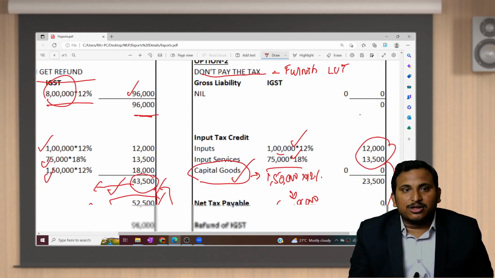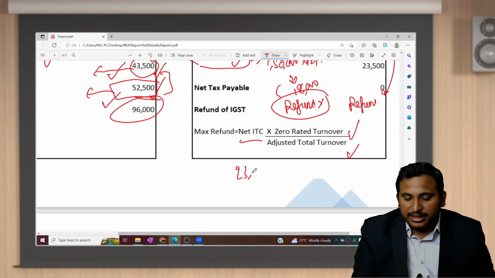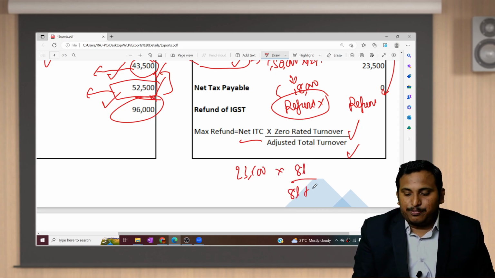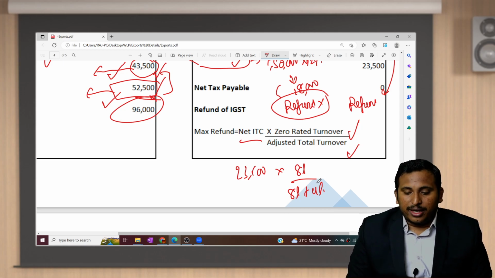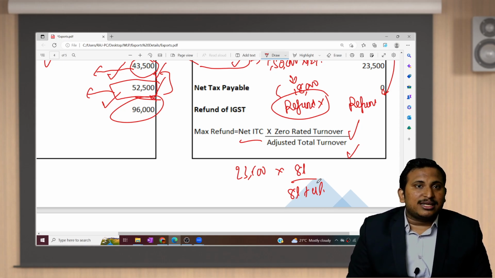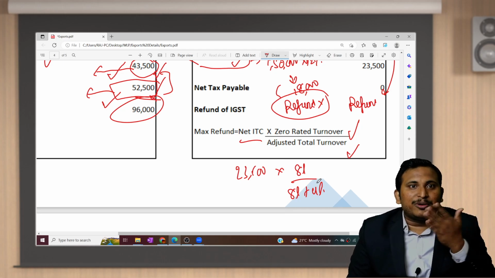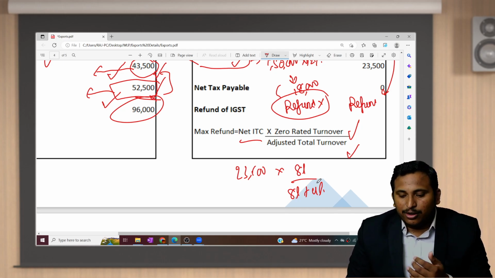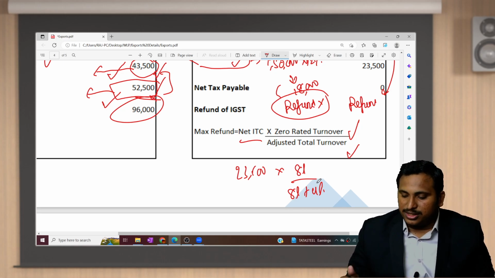Suppose there is domestic or local sales of 4 lakhs, then the formula will be 23,500 into 8 lakhs by 12 lakhs, that is 8 lakhs plus 4 lakhs. That means proportionate ITC only will be allowed to you as a refund. Are you getting the point, sir? Proportionate ITC, because when you have both local sales as well as export sales, your input service also might have been used proportionately. That's why we will give you refund also proportionately. That is the point when you go for this option.